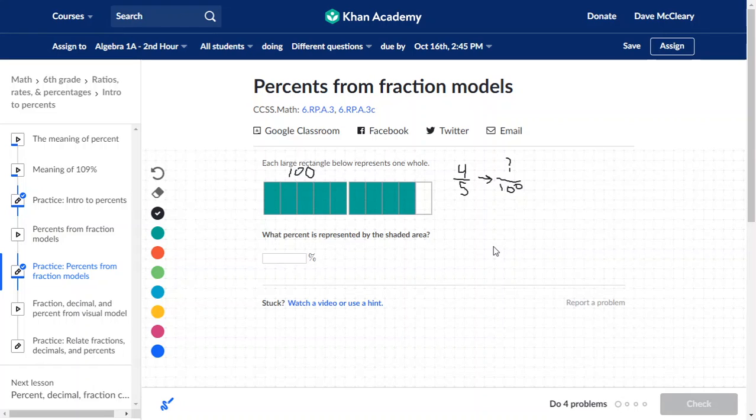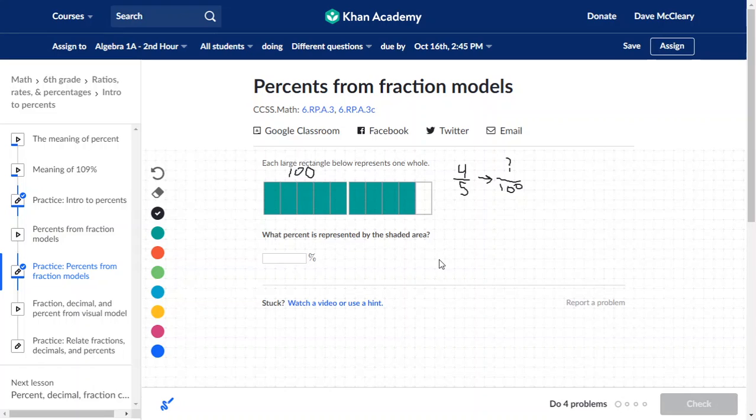So what I need to ask myself is, what do I need to multiply 5 by to get to 100? And then I need to multiply 4 by that same number. That's going to give me an equivalent fraction. Now, if you can do this quickly in your head, that's fine. But remember, if you can't, that division is the inverse operation of multiplication.